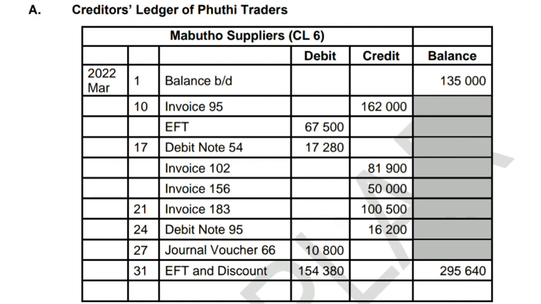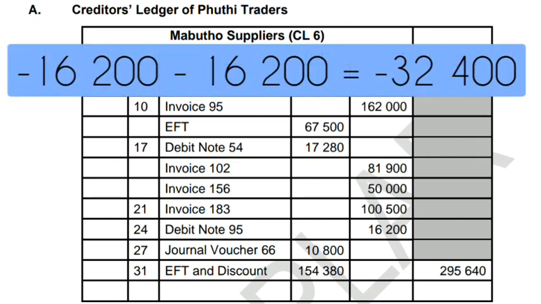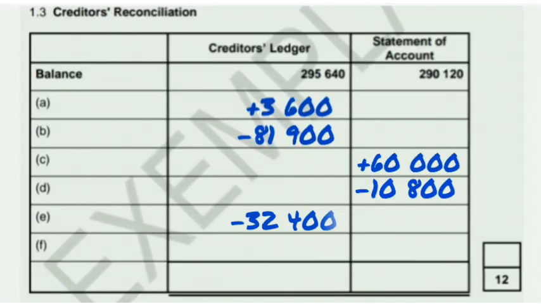The problem is on the side which it is on. Remember, I'm returning goods, meaning I no longer owe Maputo that money. So if I no longer owe Maputo that money, I'm supposed to record that amount on the debit side. But now, the first time I record it on the debit side is going to cause an effect of 0. The second time I record it, that's where it's now going to be the correct recording.